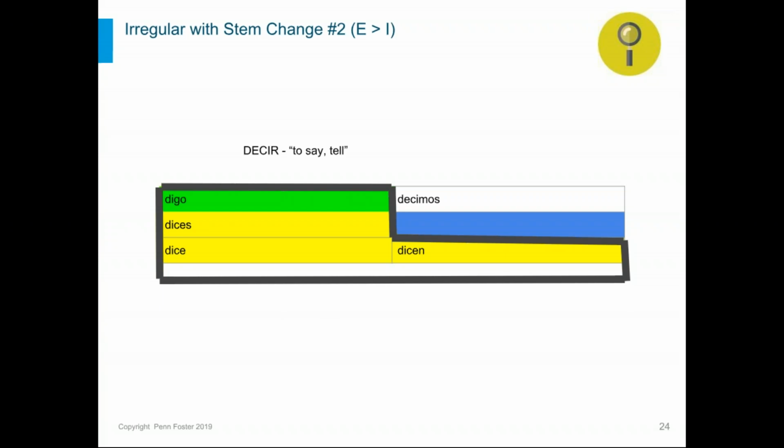Again, no rhyme or reason, just something that has to be memorized and applied. The C, however, remains in all the other forms, all the other persons, with the stem change still occurring inside the boot and no stem change occurring in first person plural. Just a regular conjugation, decimos, to say, we say or we tell.